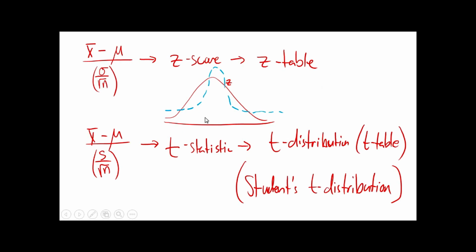So first off, it's sort of like a heavy-tailed z distribution. Right? I showed you that picture yesterday. Whereas the z distribution has that nice bell shape, the t distribution looks sort of like a bell shape, but with a narrower center and longer, wider tails.